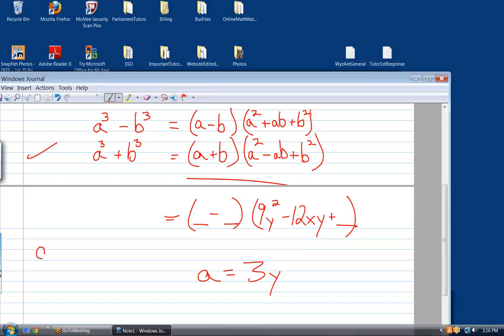Okay, and AB is equal to 12xy. So what is B equal to? B is equal to 4x. Right? Yeah, 4x. Have to get the x. Exactly. So now we're ready to do it.